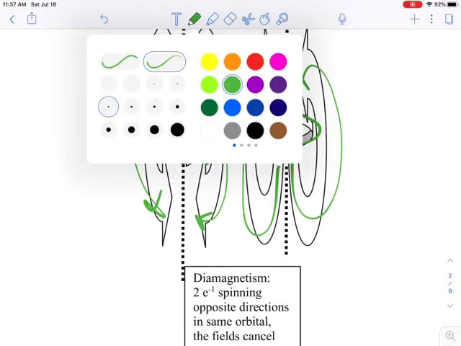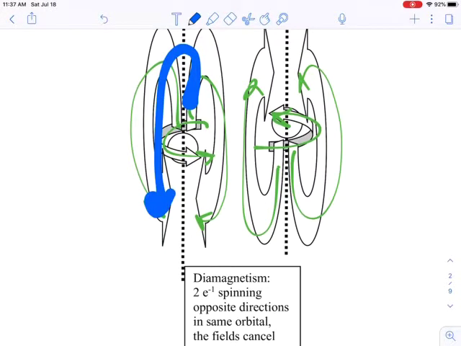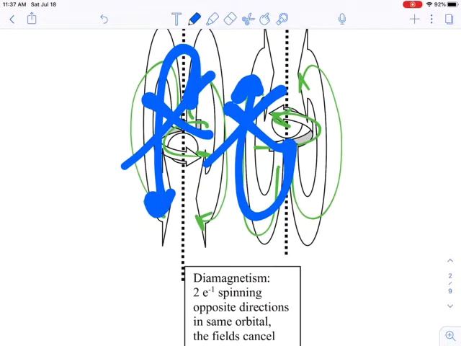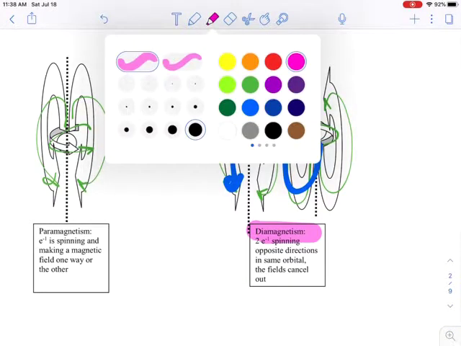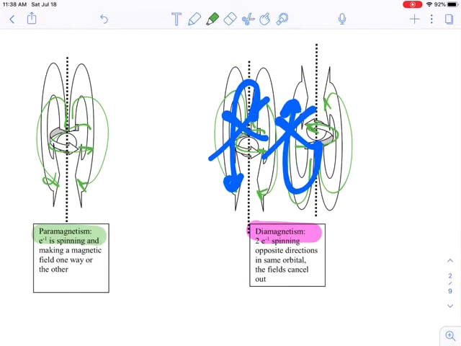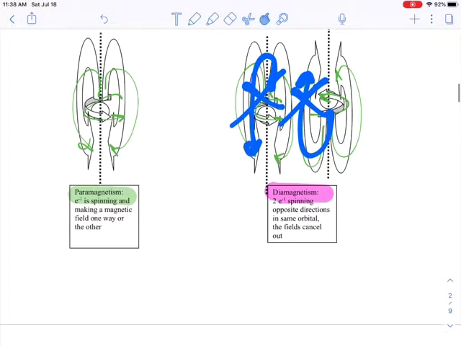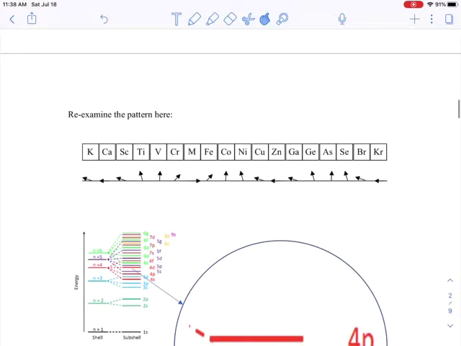And if those guys are in the same area as each other, then you are going to have a field that is going north to south and a field that is going south to north, and those fields are going to cancel each other out, which is why this guy here would be diamagnetic. So diamagnetic is when you have two electrons that are spinning in opposite directions and their fields cancel each other out. A paramagnetic is one where you have electrons that are only spinning in one direction and they all help each other, or there is one that is by itself.